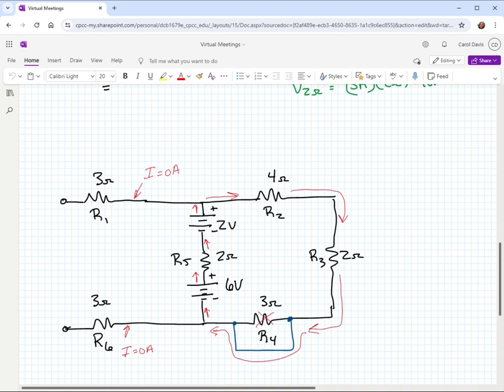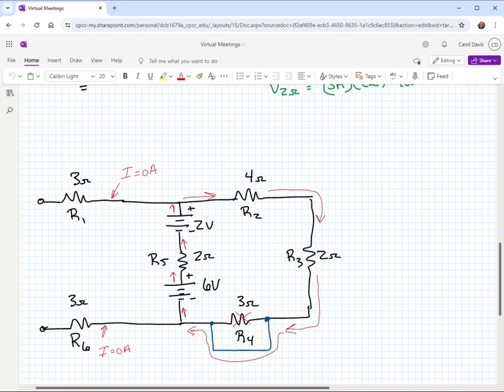Okay, so in this case, what I would probably do is redraw the circuit to show that path of current. So I'm going to do that maybe to the right side a little bit here. So what we're going to do is leave off the R1 and the R6 because those have absolutely nothing to do with the current pathway. And I'm going to just kind of draw the middle here, the 2-volt source.